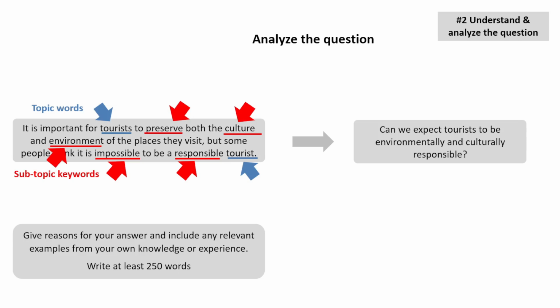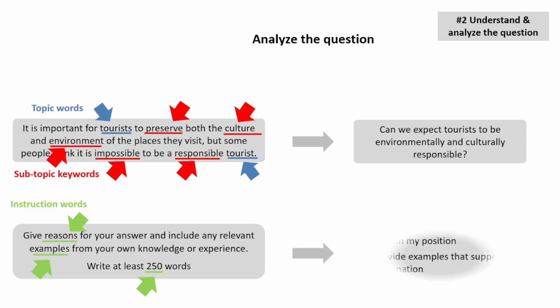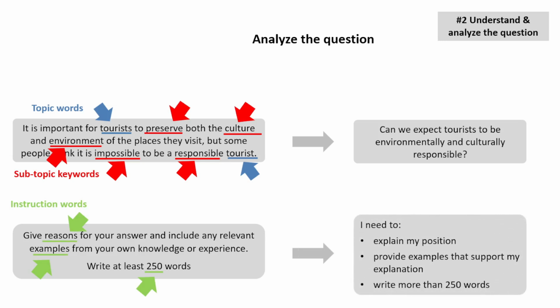Give reasons for your answer and include any relevant examples from your own knowledge or experience. Write at least 250 words. So if I look at those instruction words, I know that I need to explain my position. I need to give examples that support my explanation, and I need to write more than 250 words.